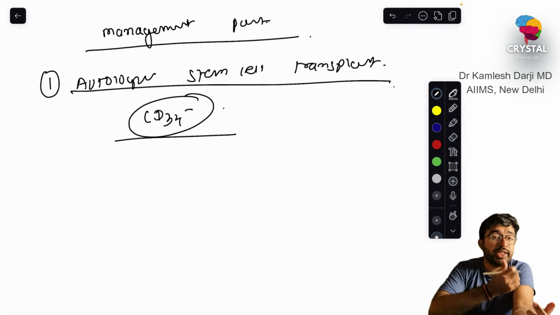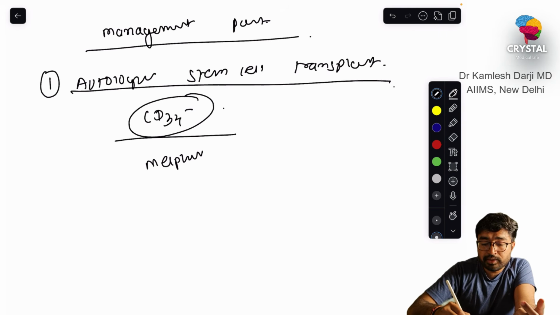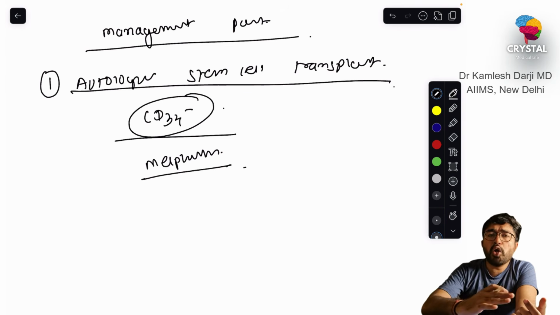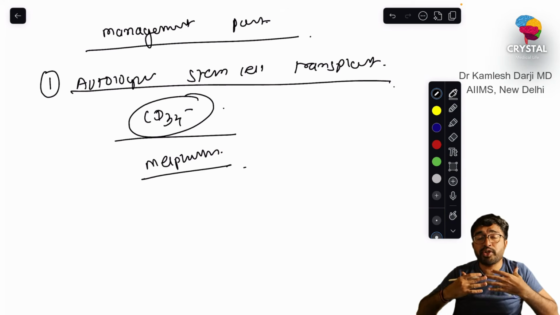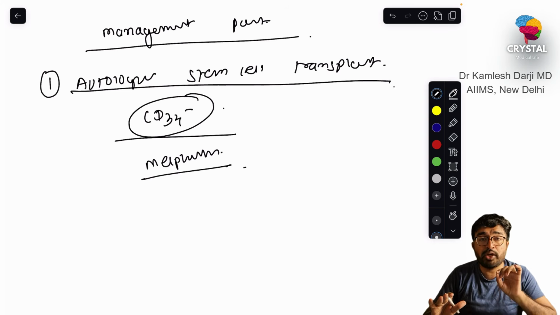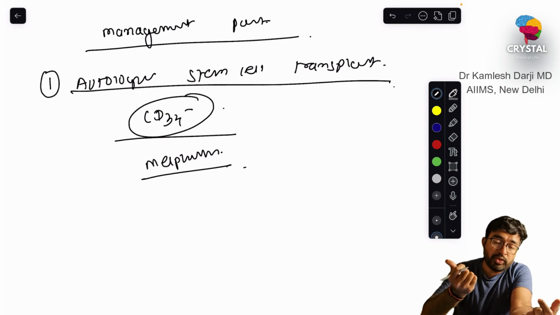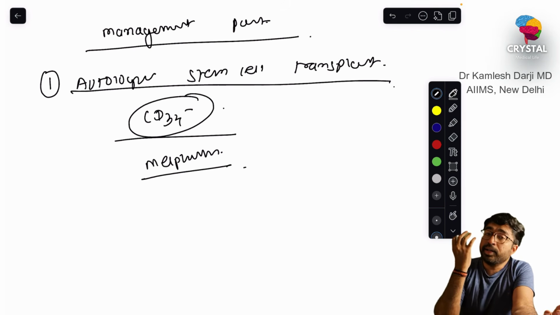Then they will give me the melphalan myeloablative agent, so that all hematopoietic stem cells or all hematopoietic cells in my body will be destroyed by these myeloablative agents. After that, they will insert the solution only having the hematopoietic stem cells.